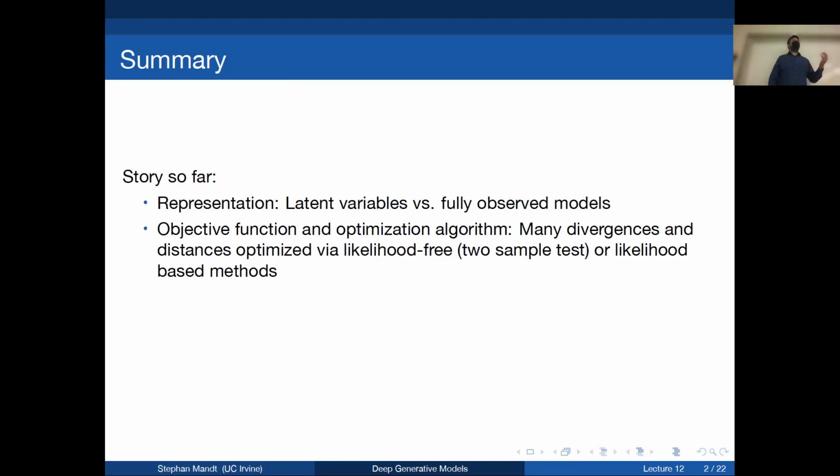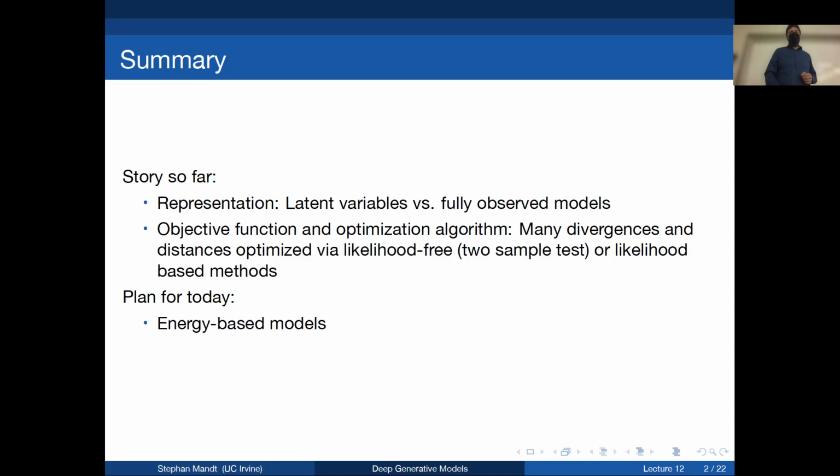We talked about different objective functions and different optimization algorithms. For example, we talked about different divergence metrics that you could use as a criterion to fit the generative model's distribution to the data distribution, for example, Jensen-Shannon divergence or KL divergence. Some of them were likelihood-based and others were likelihood-free. For example, GANs were likelihood-free approaches.